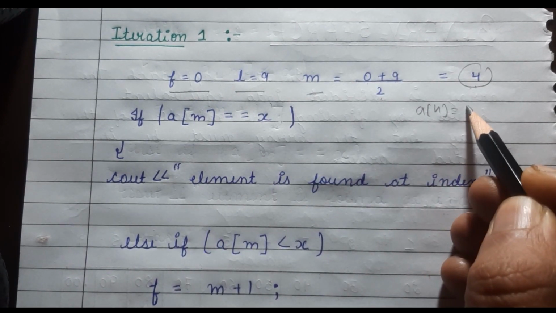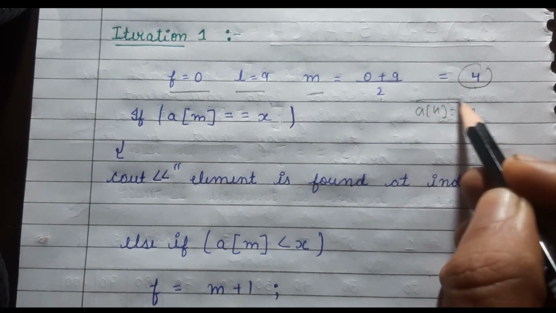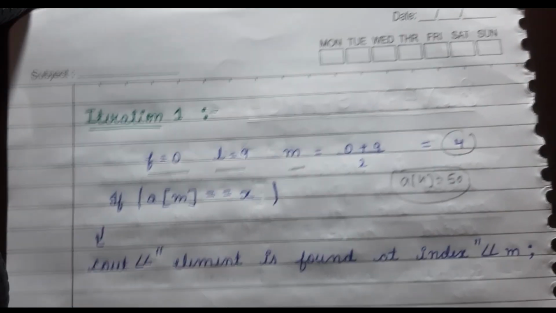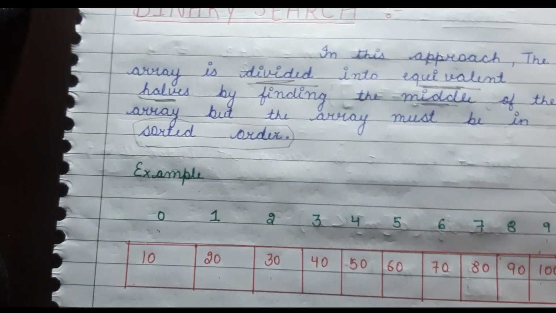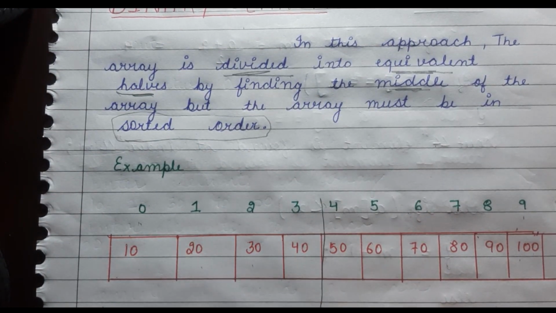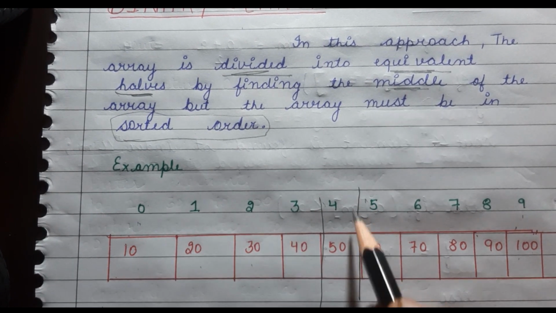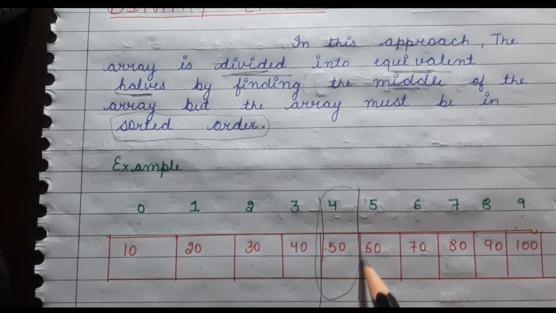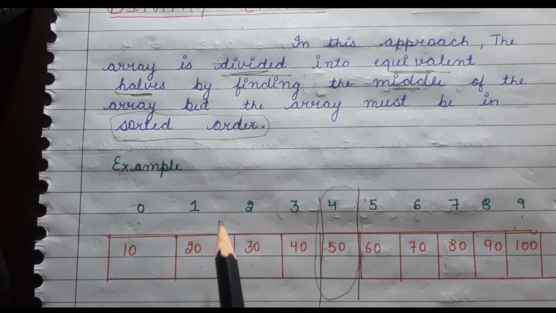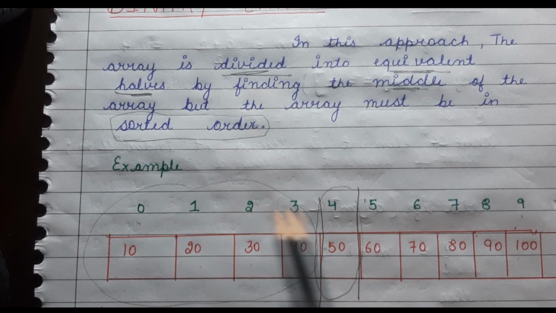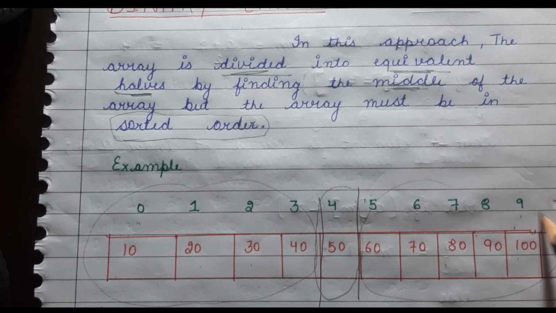A of 4 has a value 50, if you remember. Here a of 4 is our middle element. So by finding this as the middle element, your array is divided into two halves. This is our first half and this is our second half.